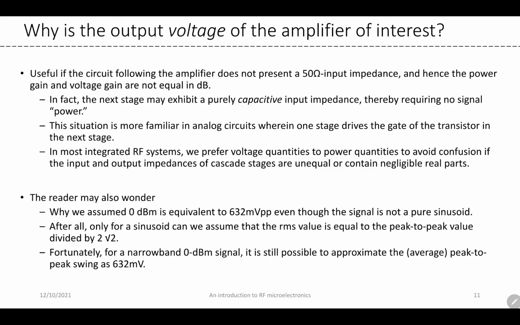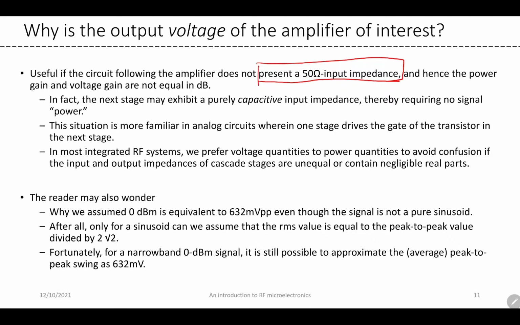The first case is if different sections do not follow a 50 ohm standard. For example, you have a system which is based on 50 ohms, and then the next system is based on 75 ohms or 100 ohms. Then in that case you would be more interested in understanding the voltages at the interfaces and then converting them accordingly to the power levels for the next system.